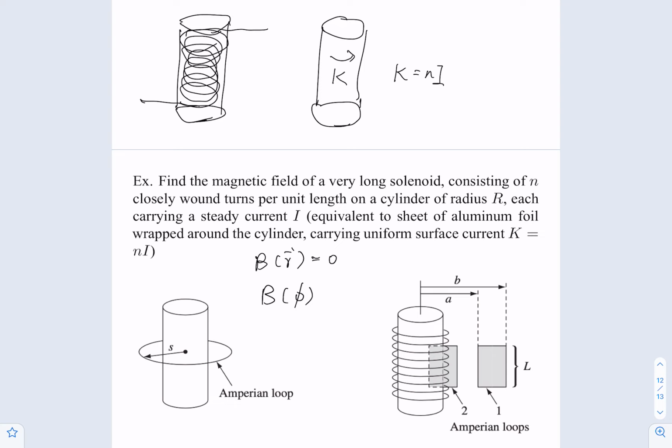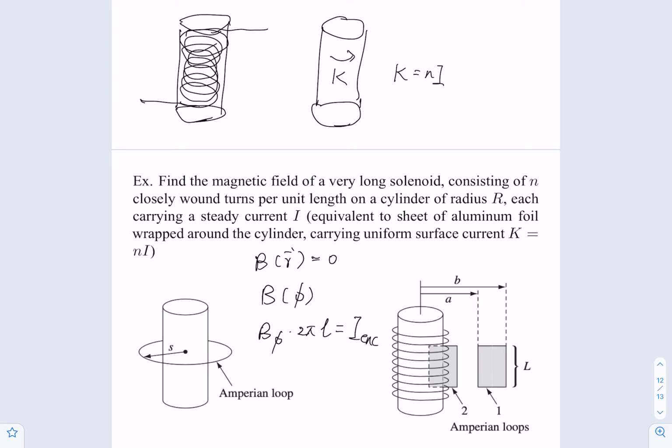What we are not sure about is whether there is any angular or circumferential B field, which you can also call the azimuthal, or phi direction. We can design an Amperian loop like the one over here, where B phi times 2 pi L equals the I enclosed.